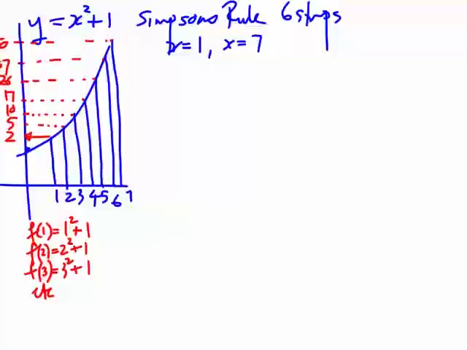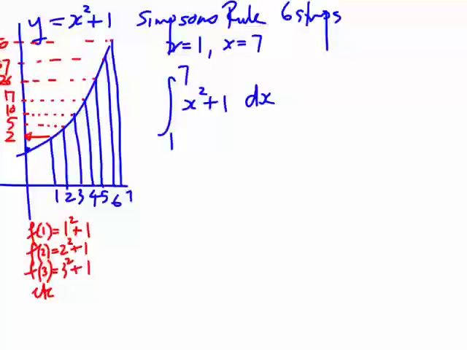So here we have a function which we're given. We know what it is, x squared plus 1, and we can work out the particular heights ourselves. So let's work out what Simpson's rule is. We want to integrate from 1 to 7 under x squared plus 1 dx using Simpson's rule.